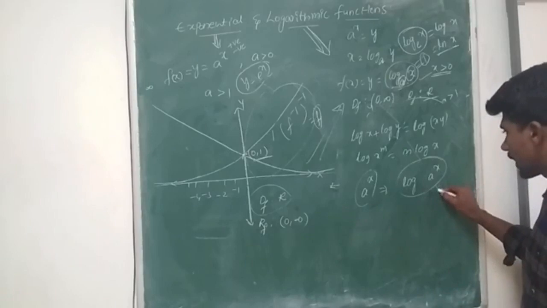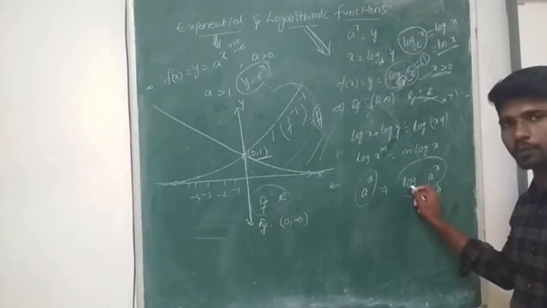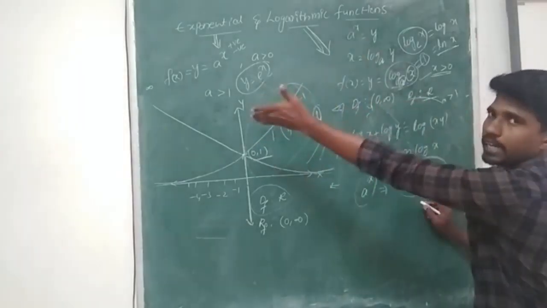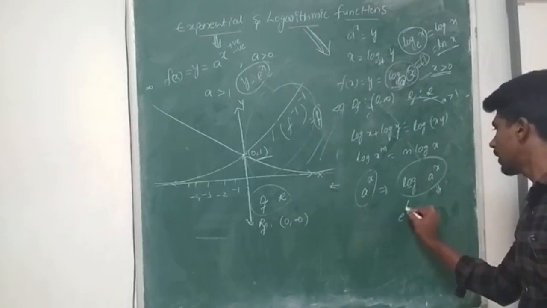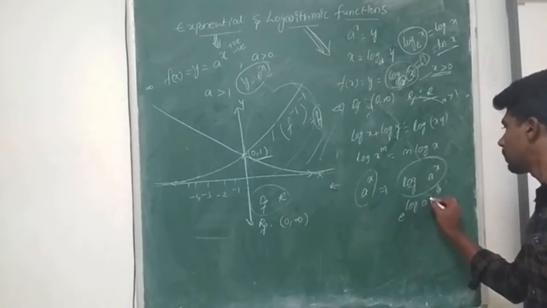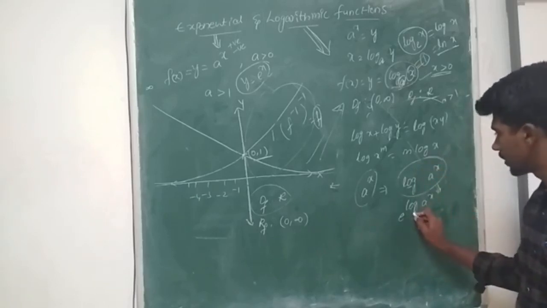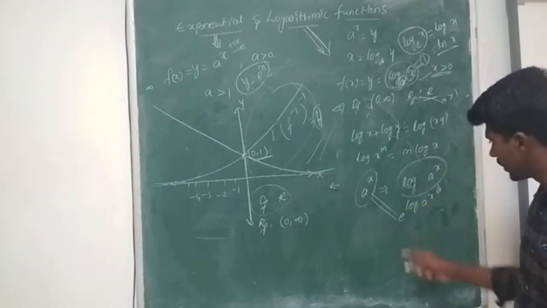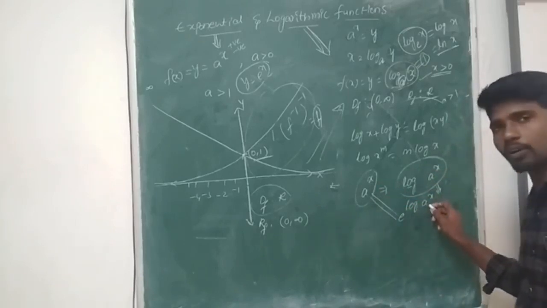Now again I am applying its inverse. What is the inverse of log? Exponent. So exponent inverse is logarithm, logarithm inverse is exponent. So again applying exponent, we get e power log a power x. So first inverse, second inverse. So we can say a power x is always equal to e power log a power x.